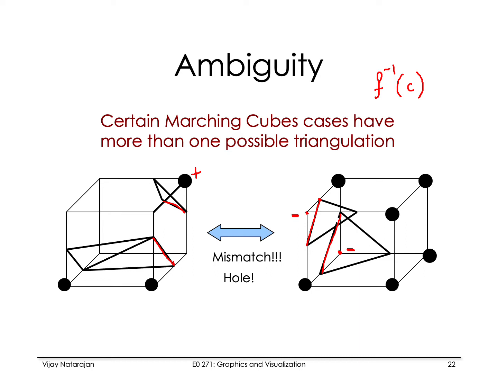So this is already an ambiguity that needs to be resolved. So there is a mismatch. If we look at the common face, while the plus signs remain the same, each voxel identifies a different way of connecting the isopoints.